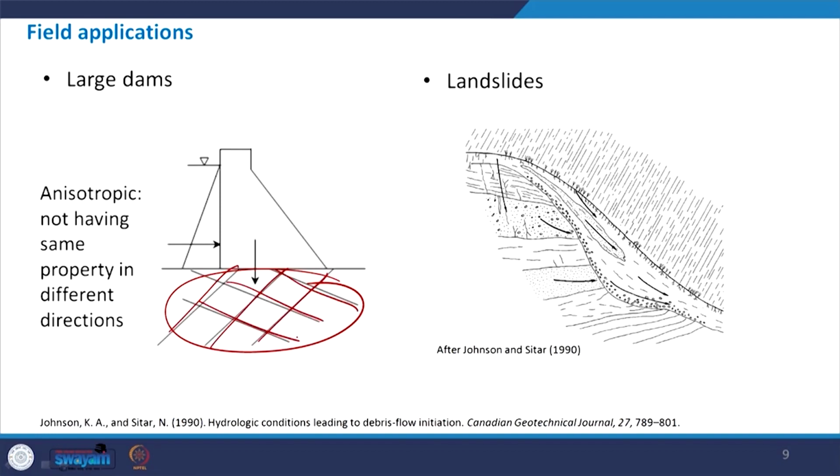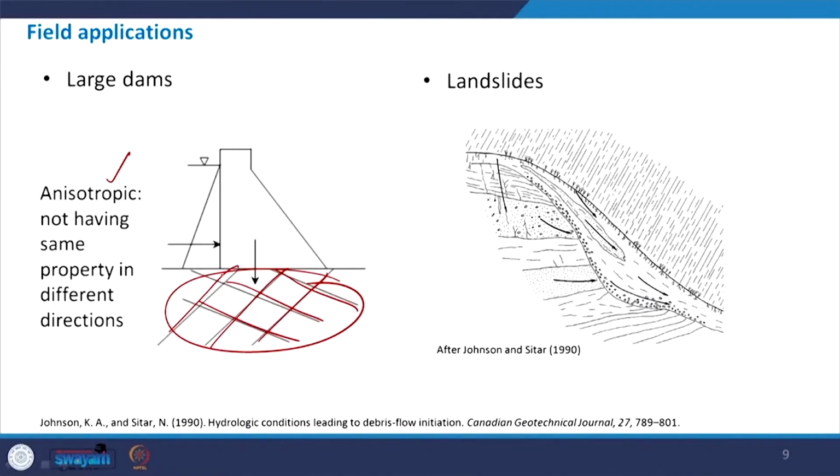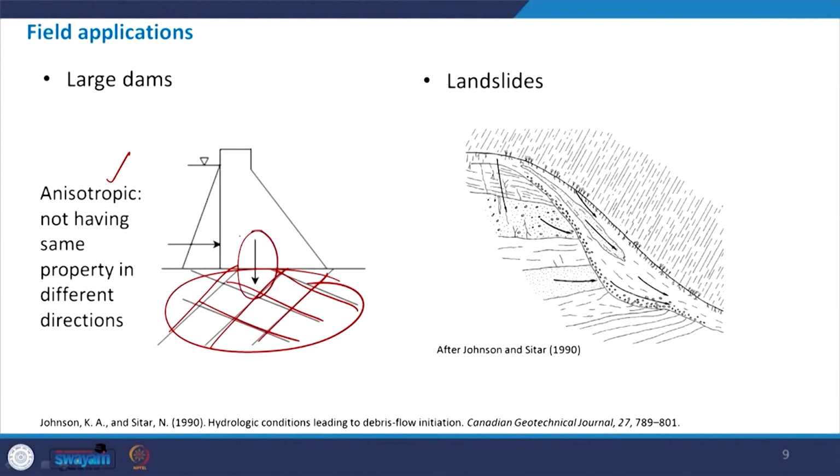These discontinuities will give rise to anisotropy, which means the property will not be the same in different directions, and therefore we need to know what all these discontinuities are, what this rock mass is, and whether they are oriented in a favorable direction or not, because the weight of the dam will come into the picture. On the upstream side, the water pressure will also come into the picture.